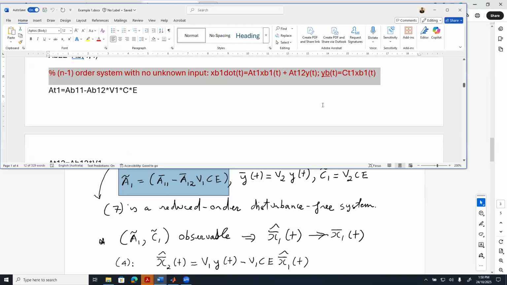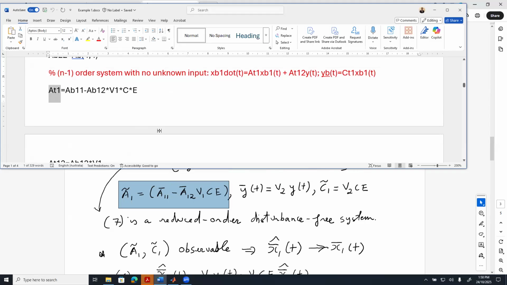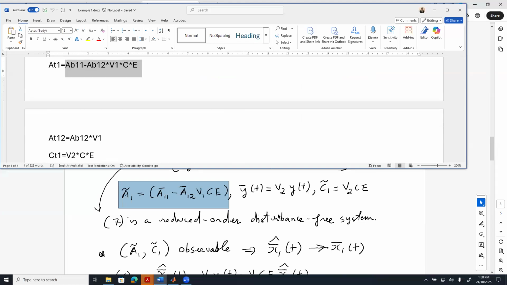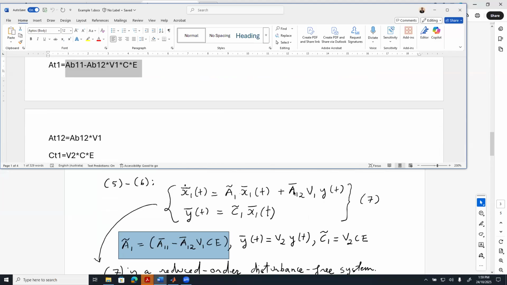So we then say, all right, this is how we obtain the matrix A tilde 1. And it's basically A bar 1,1, take away A bar 1,2, times V1 CE. And then we also obtain the matrix A tilde 1,2, where we denote it to be A bar 1,2 times V1.